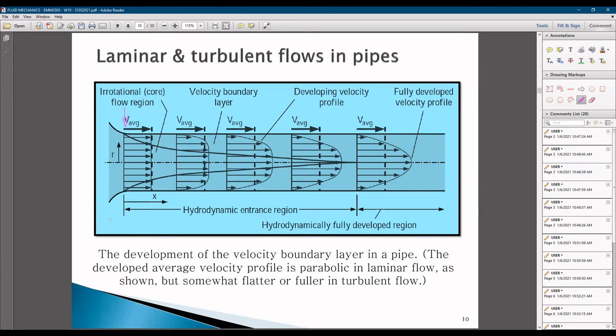The developed average velocity profile is parabolic in laminar flow, as shown, but somewhat flatter or fuller in turbulent flow. As you can see, in a fully developed flow, this is the profile that you will get. It is kind of parabolic.